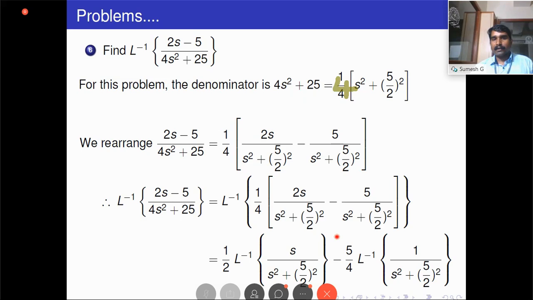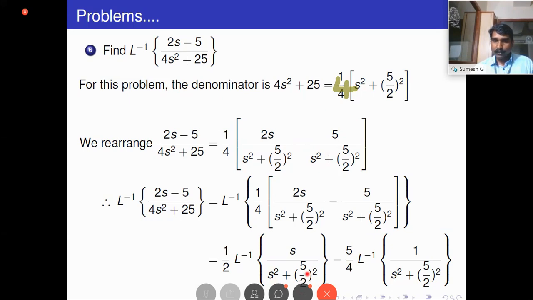I think it will be clear now. Then we can find the corresponding inverse: 1 by 2 into inverse of s by s square plus 5 by 2 whole square, minus 5 by 4 inverse of 1 by s square plus 5 by 2 whole square. Here we can directly apply the corresponding results. Inverse of s by s square plus a square is cos at.